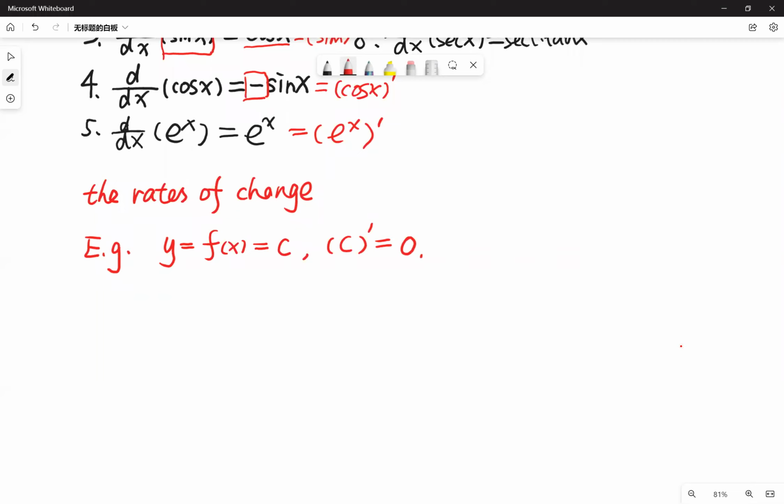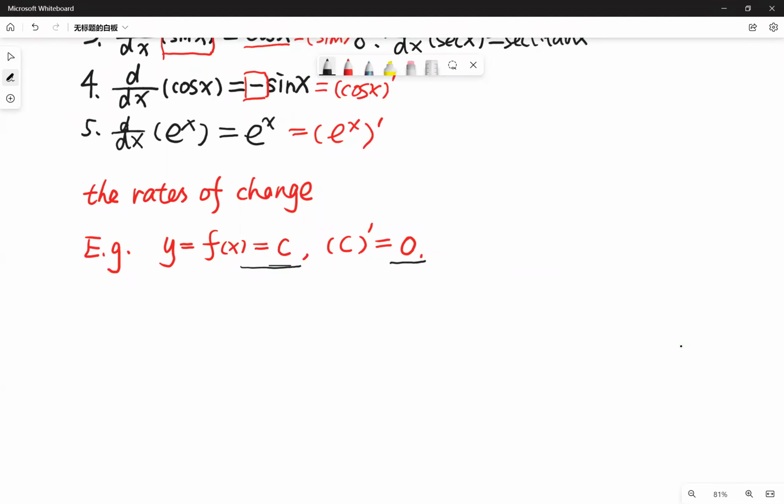And here we can see the derivative of a constant function is 0 when c is constant. This means that the rate of change of this function is 0. That means the function has not changed, right?